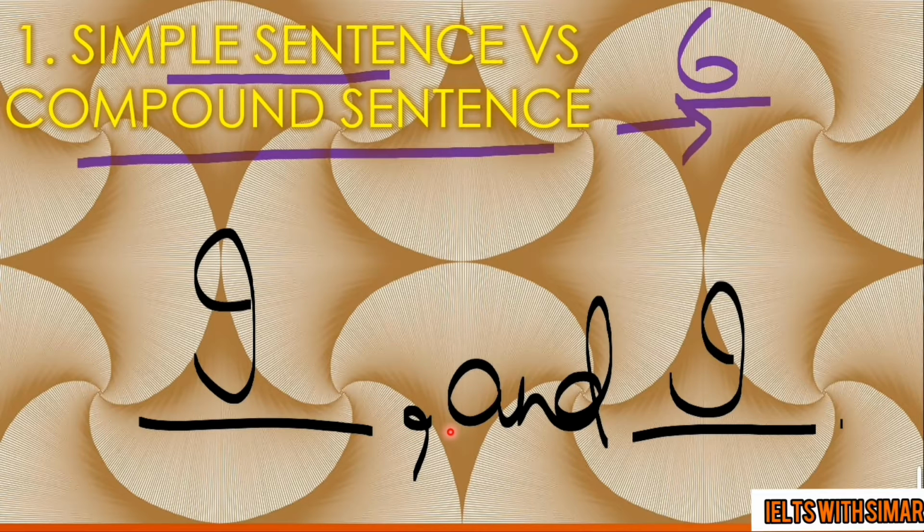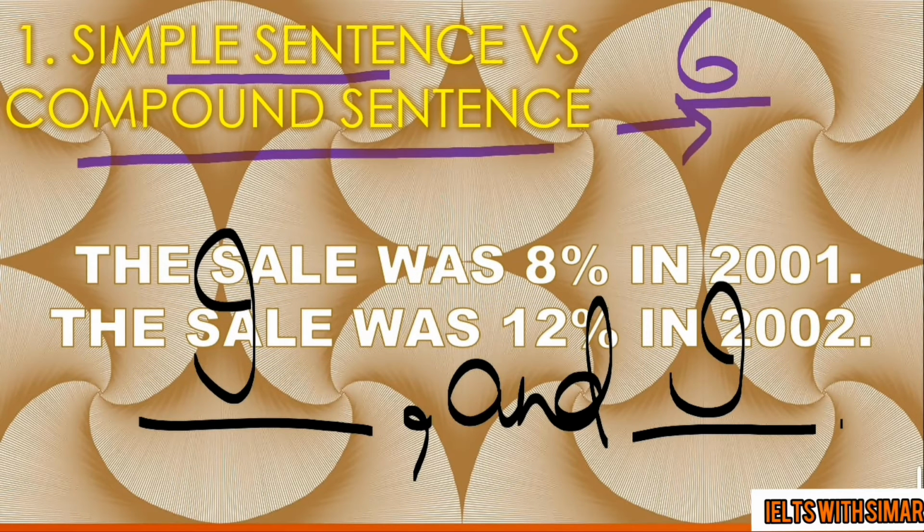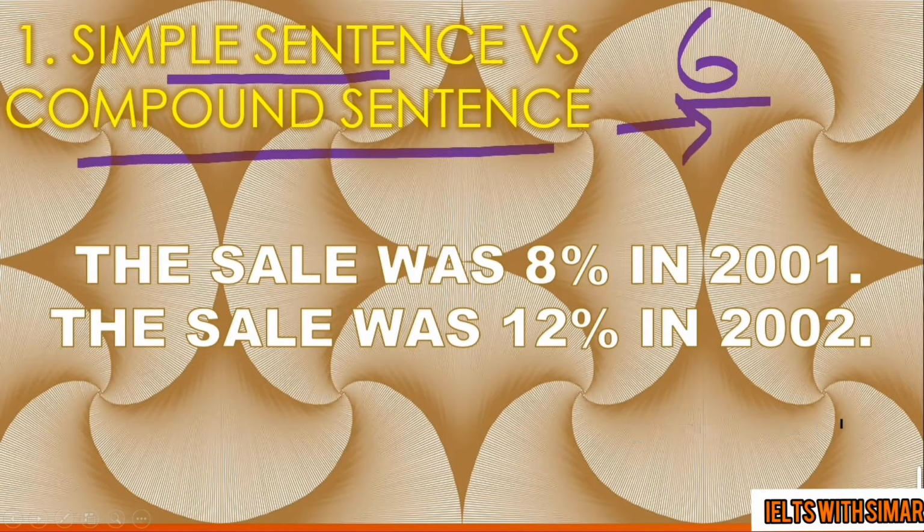Now the third thing is, what is an independent sentence? These are two independent sentences. The sale was 8% in 2001. The sale was 12% in 2002. These structures are really very simple. So I suggest you not use this structure in your exam. You can use it, but only once, not more than this, if you want to score more.